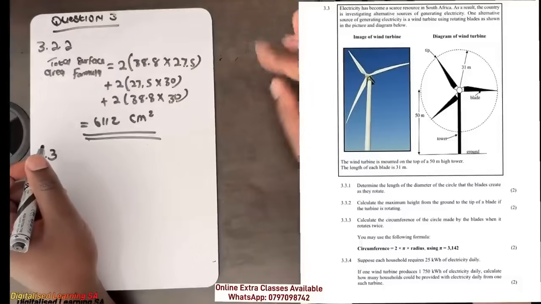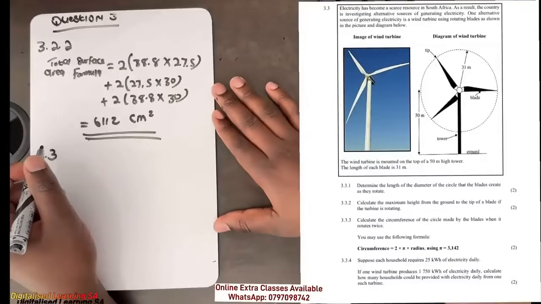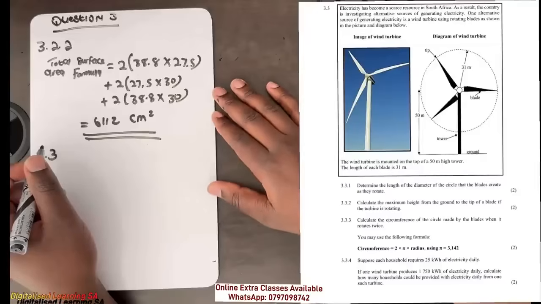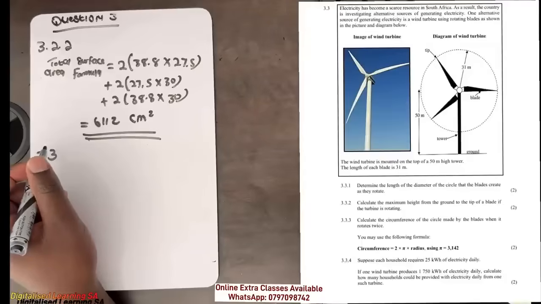As a result, the country is investigating alternative sources of generating electricity. One alternative source of generating electricity is a wind turbine using rotating blades as shown in the picture and diagram below.